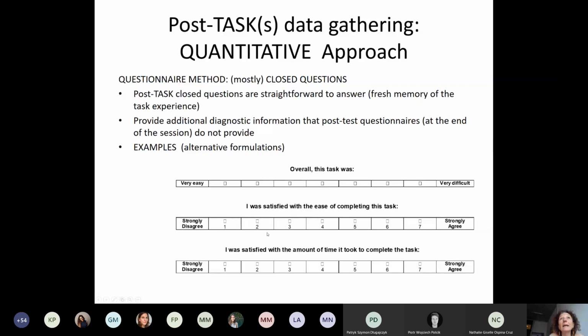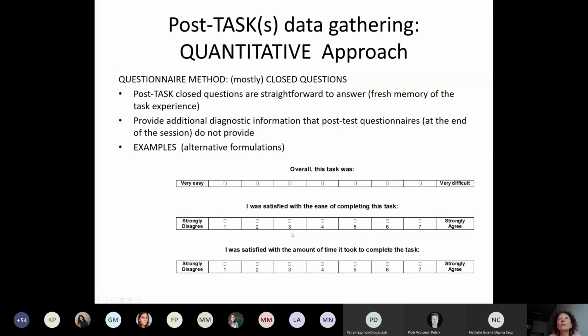This is a more indirect way to ask the same question, because all these methods have been proved equivalent also from a mathematical viewpoint. I was satisfied with the ease of completing this task. I strongly disagree or I disagree. So people are not asked to give a number, a score, but are asked about agreement with a given statement.